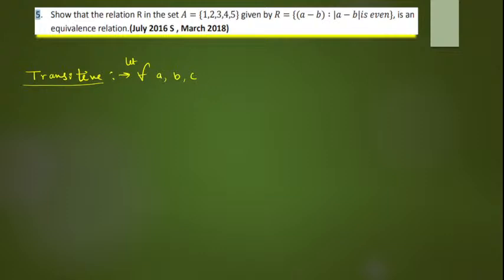So three elements you have to check: a element, b element, c element belonging to set A. First consider an ordered pair a comma b belongs to R. According to the statement, a comma b belongs to R means modulus of a minus b is even.